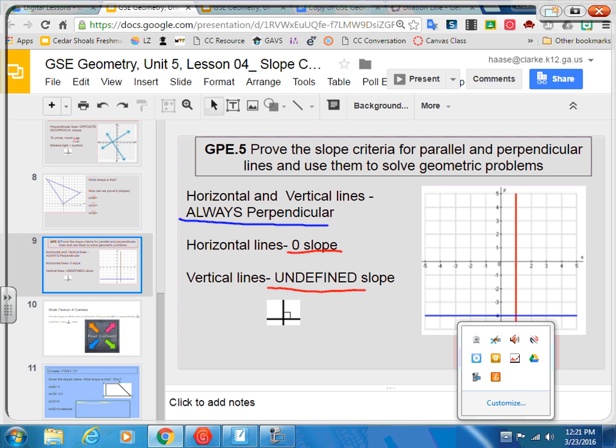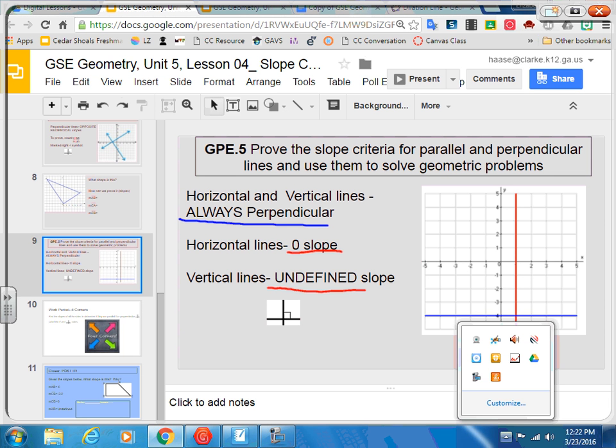Perpendicular lines have what type of slope? Think for 3, 2, 1. Kathleen, perpendicular lines have reciprocal, and what other word? Opposite reciprocal. Good. Parallel lines have blank kinds of slope.